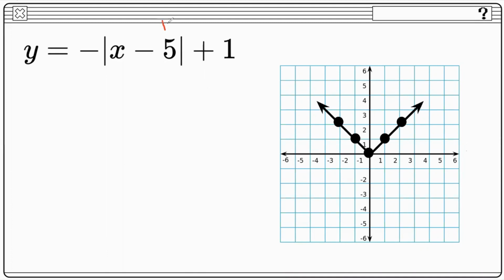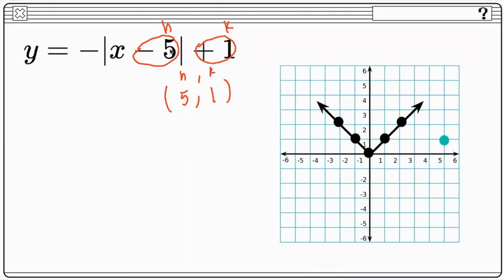So remember that your vertex is (h, k), and you want to change the sign of h, so rather than negative 5, it's going to be positive 5, and keep the sign of k, so your k value will be 1, so you know your vertex is going to be at (5, 1), and I'll go ahead and plot that on our graph.